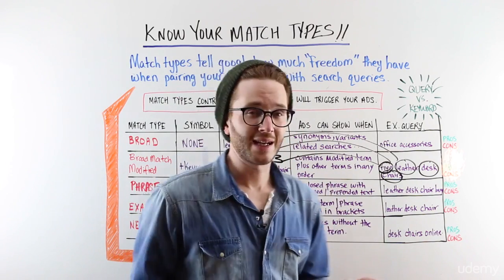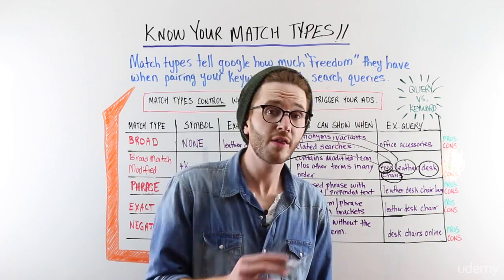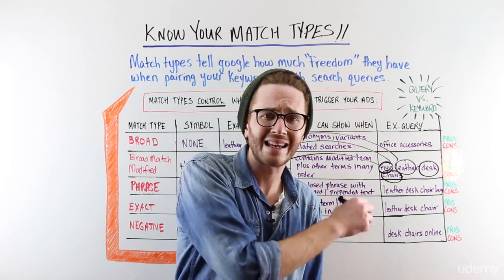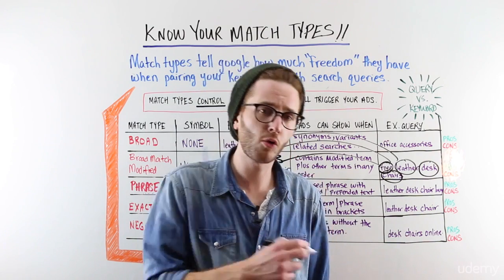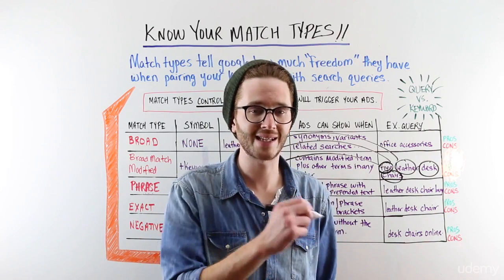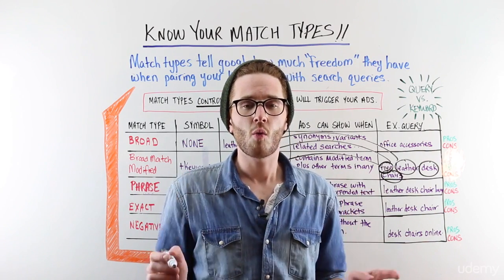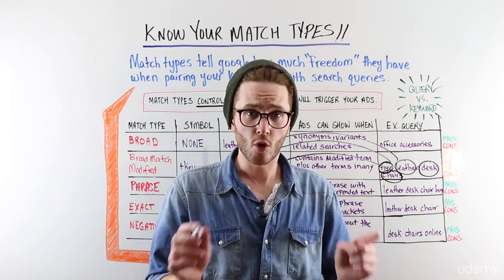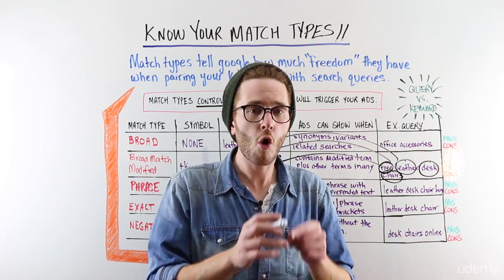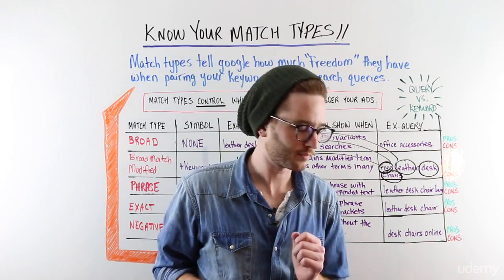That's a very good way to think about it. Exact match keywords are the query because it's only that keyword that could trigger my ad. It has to be, once again, what's in the brackets, in that order, only the keywords in the brackets and nothing else.